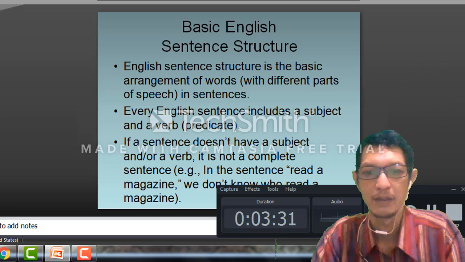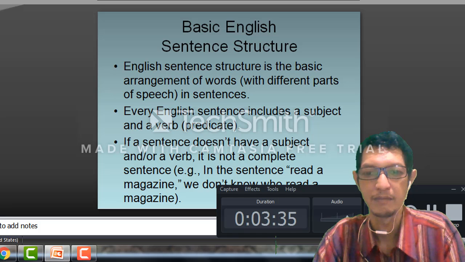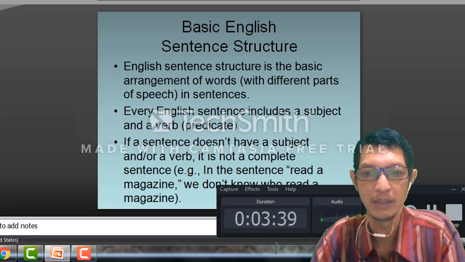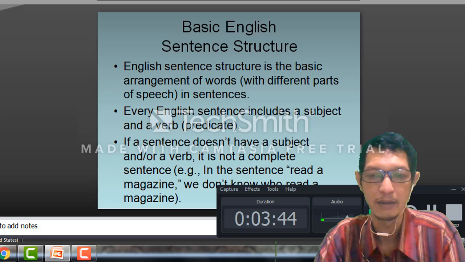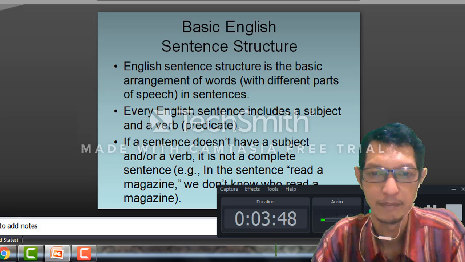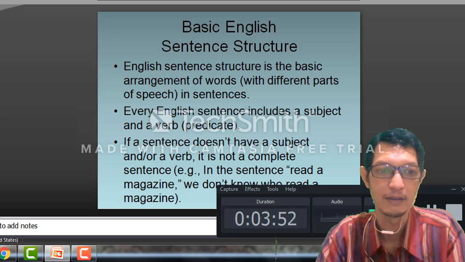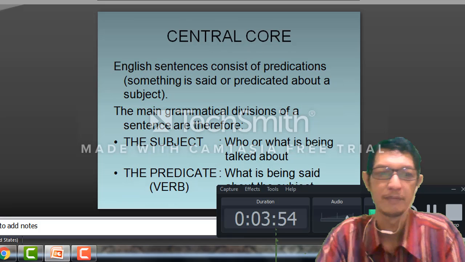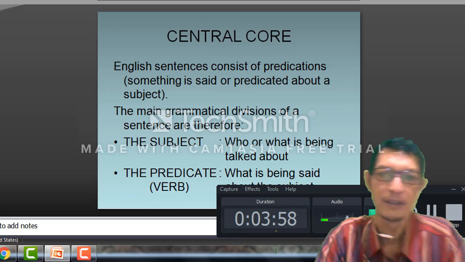For instance, "read a magazine." It is not a complete idea because we don't know who read the magazine. The sentence doesn't have any subject. So of course, this is not the correct sentence.